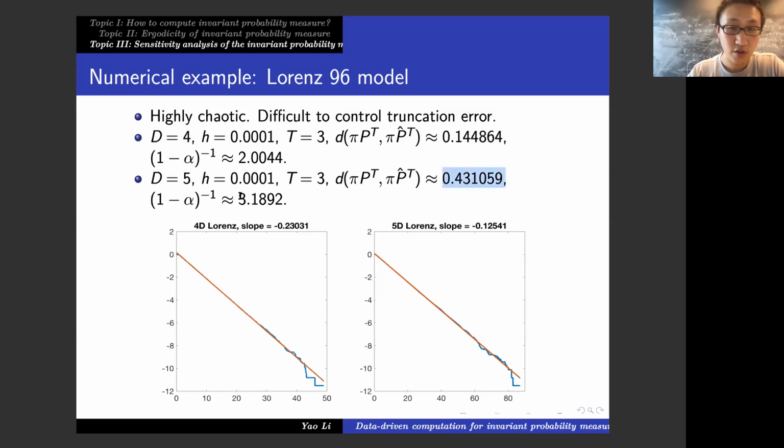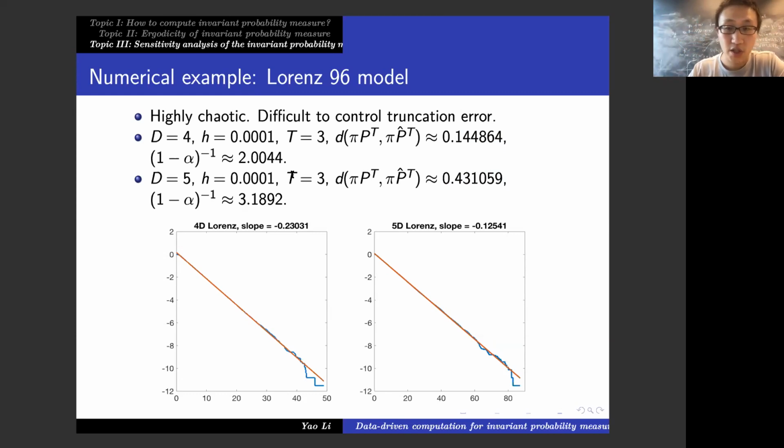So at this time, yes, you can see there are some contraction, because you have noise and you have this strong chaotic, strongly mixing. But at the same time, this high level of chaos really amplifies your truncation error by a lot.